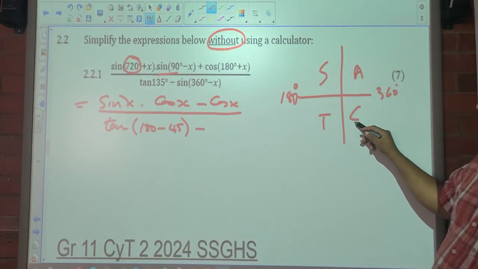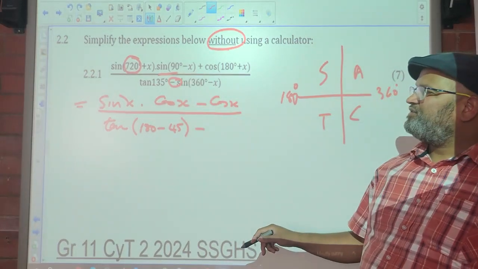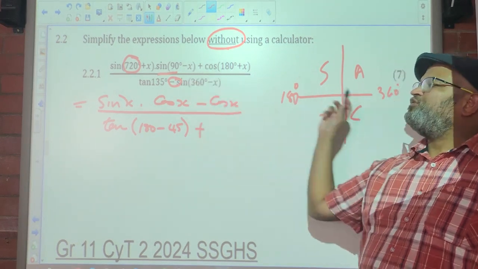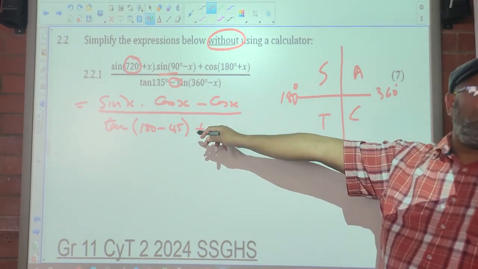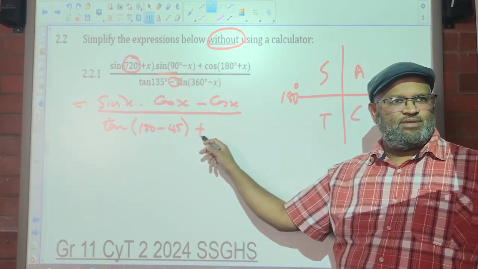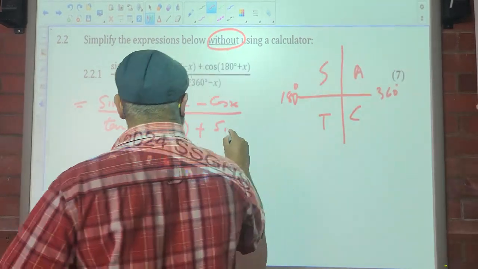Third quadrant. Sine positive or negative? Negative. But because of that negative, it becomes positive. Now some of you see the negative, you know it's negative and you leave it negative. No. That negative is because of the sum, and the other negative is coming from the reduction here. So it's sine x.